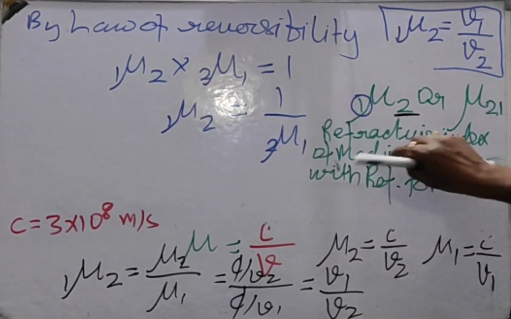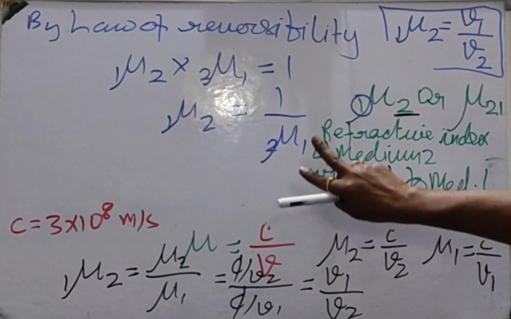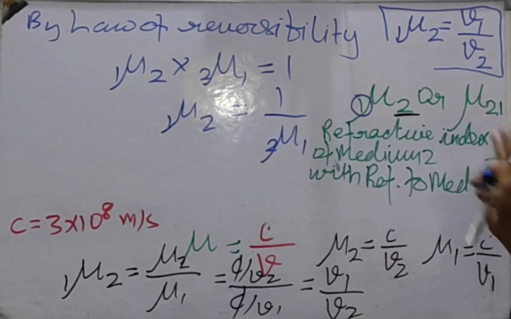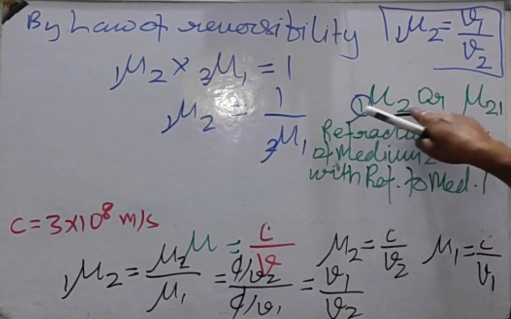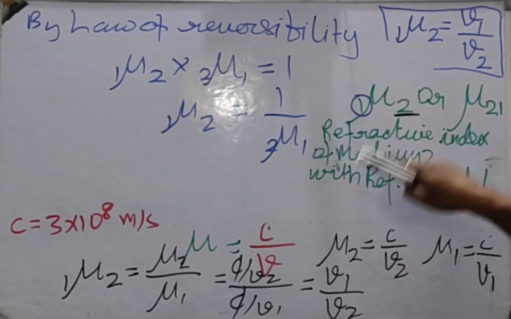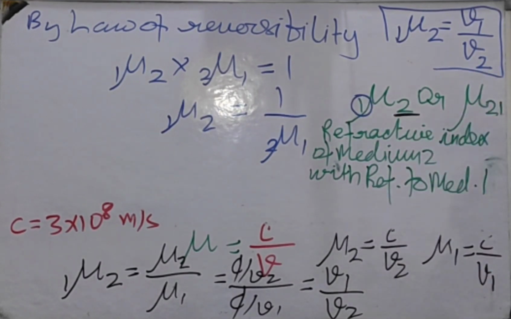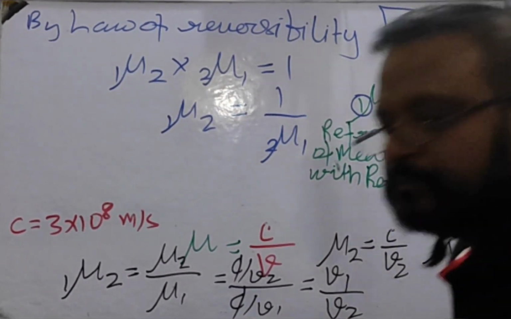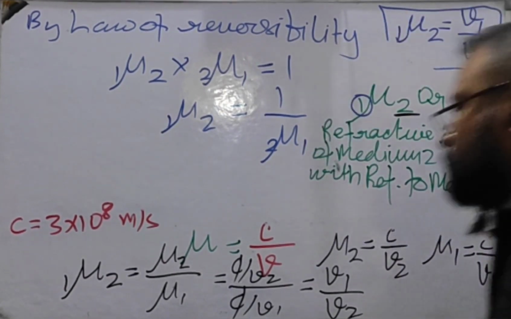When positions are changed, we read it in the same manner: refractive index of medium 1 with reference to medium 2. If 1 comes here, 2 goes there. So this is how to read this, and these are the two ways it can be written. I hope you understand well.